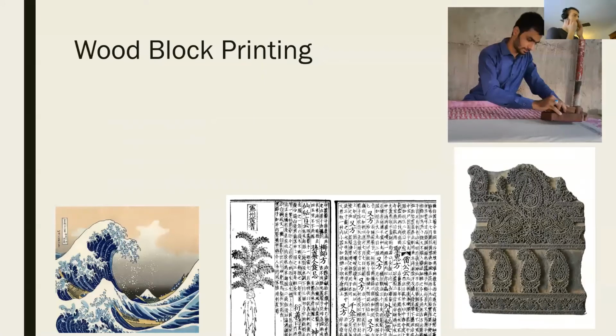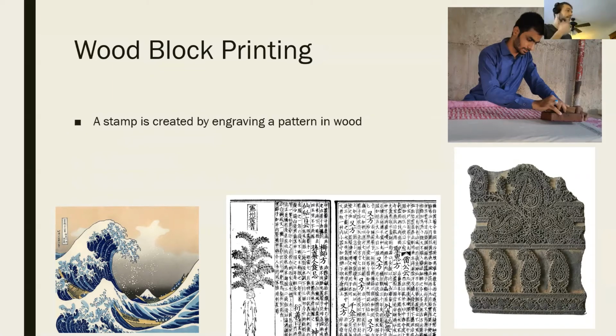So another kind of printing, which is pretty common before the development of the printing press, is a technique called woodblock printing. Woodblock printing, as the name makes clear, is a stamp made by carving a design into wood, which results in a kind of stamp that can be used to reproduce an image or also text.